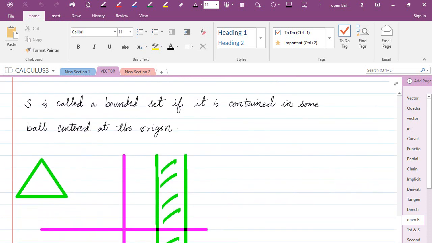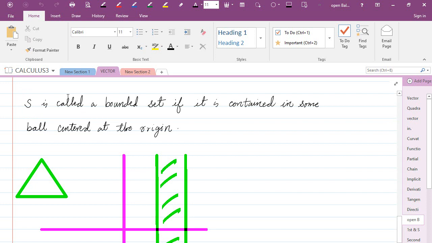We say that S is a bounded set if it is contained in some ball centered at the origin. So if S is a subset of 2-space, then we say that S is a bounded set if you can enclose S within a big circle centered at the origin.